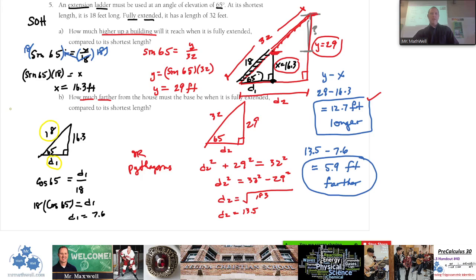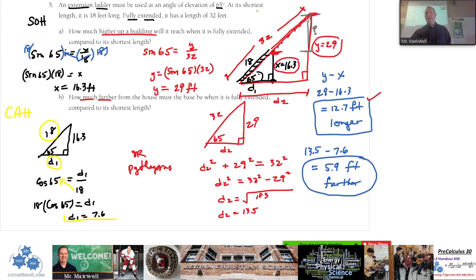That's the CAH, right? So you could set that up, and again, write the equation out first. Cosine of 65 equals adjacent over hypotenuse, d1 over 18. Multiply both sides by 18, and you get a d1 of 7.6 feet.